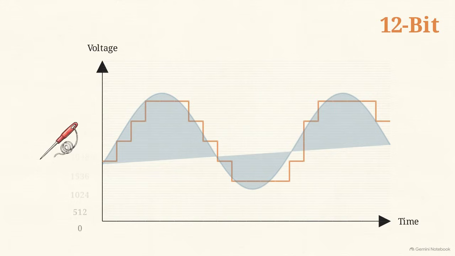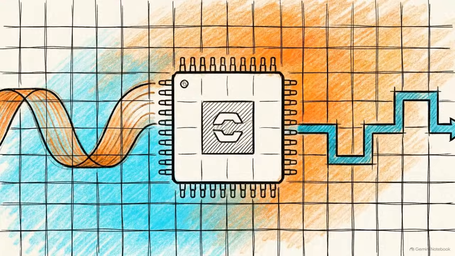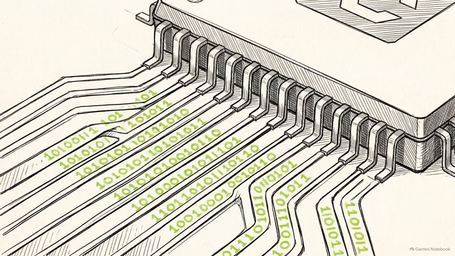If our sensor is sending 2.5 volts, that physical measurement lands on the grid and snaps to the nearest available line, locking in a specific digital value, in this case 2048. This act of quantization forces the infinite variations of physical reality into a rigid mathematical box. It is the necessary first step for all digital processing.